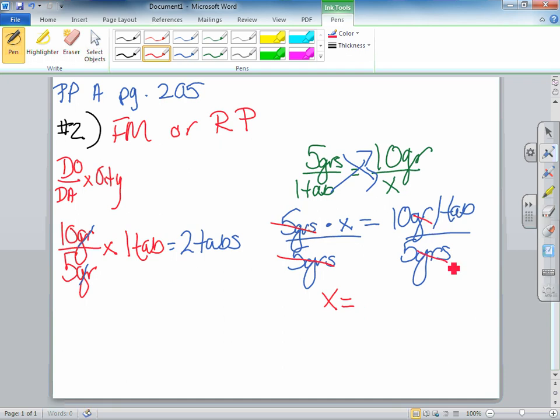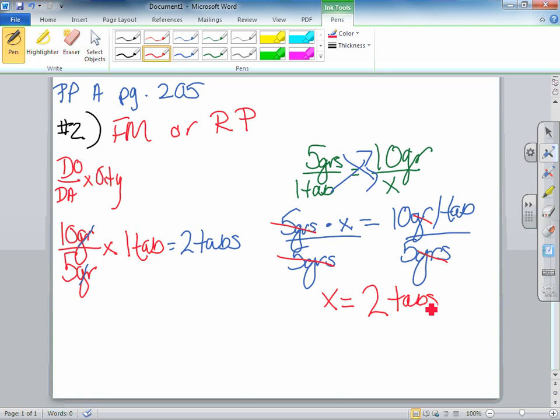Grains cross out on the right-hand side. Divide 10 and 5, and you get 2 tabs. Regardless which method you use, you should get the same answer. So, what will your prescription label instruction read? Again, your prescription label is for who? The patient to read. So, it will read, take 2 tablets by mouth every morning. That is what that prescription label will read.